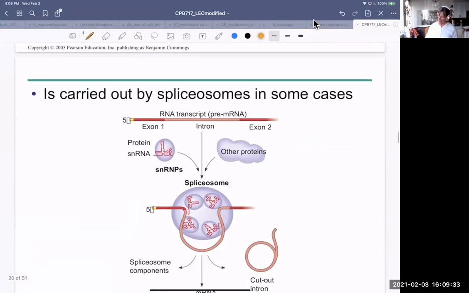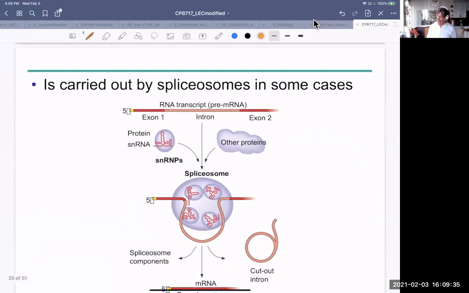And it's carried out by these neat RNA enzymes called spliceosomes in some cases. So this is a little snRNA, it's called. It's a protein/RNA molecule. Some other proteins get involved and create this large molecule called a spliceosome.